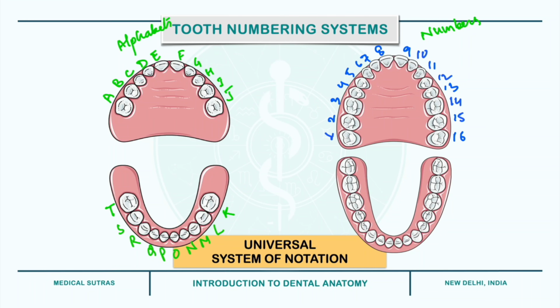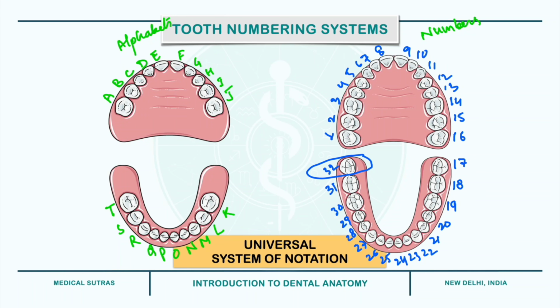And we will continue in the lower arch from the lower left third molar with the number 17, 18, 19, 20, 21, 22, 23, 24, 25, 26, 27, 28, 29, 30, 31, and 32. So 32 is the lower right third molar.